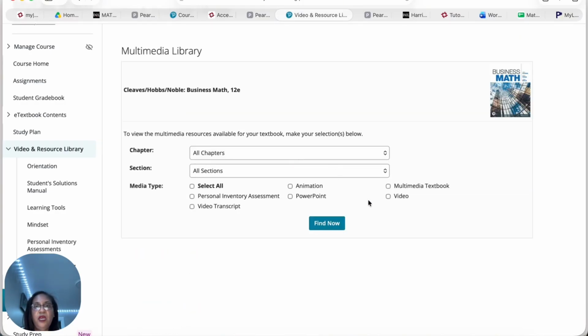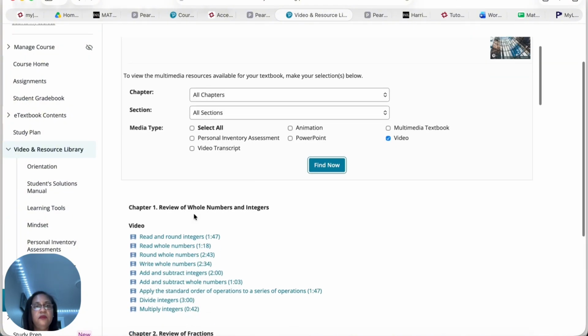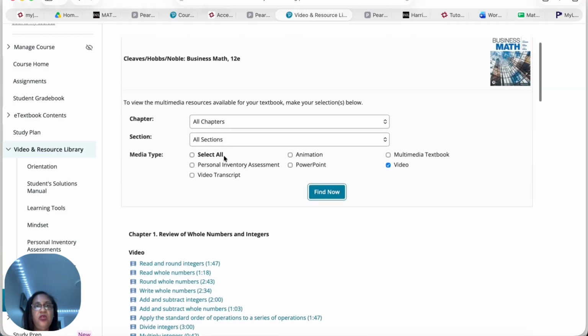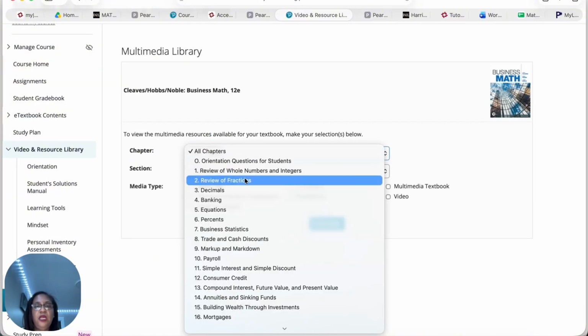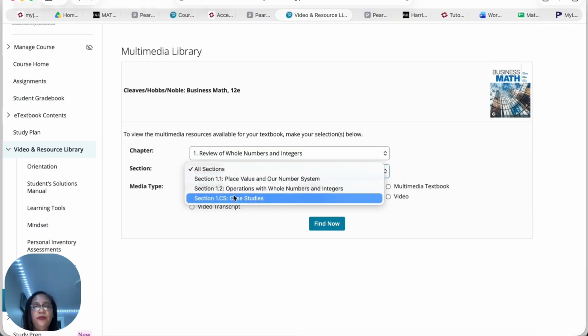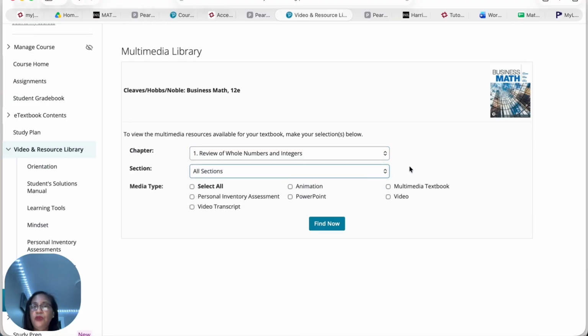And then if I uncheck that and then go to video, you can get all of the videos that match, right? And you'll get them all by section. So you can also, let's say you just want the section, I would pick the chapter and the sections will pop up. Okay. So you can just filter it that way.